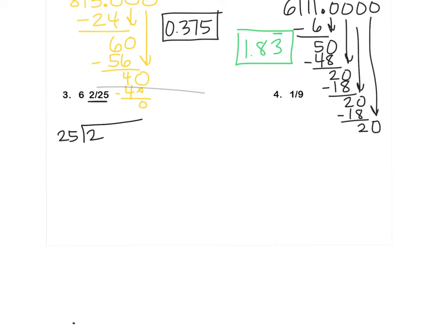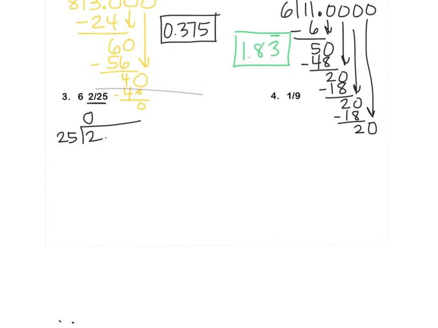And 25 does not go into 2. It goes into 2 0 times. So we're going to have to tack on that decimal point and make it 2.0. Move it up to the answer. 25 also goes into 20 0 times. So we're going to have to tack on another 0 to make it 200, which 25 does go into. 25 goes into 200 8 times.